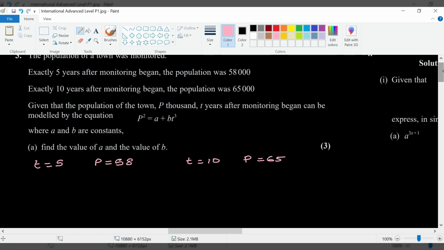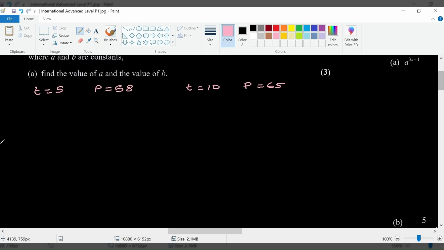I got two equations from these two expressions. The first is 58 squared equals a plus b times 5 cubed. The next is 65 squared equals a plus b times 10 cubed. These are the two equations that we have.